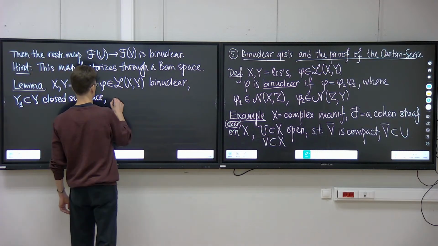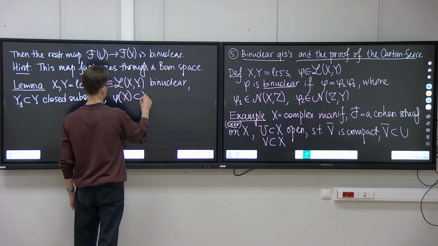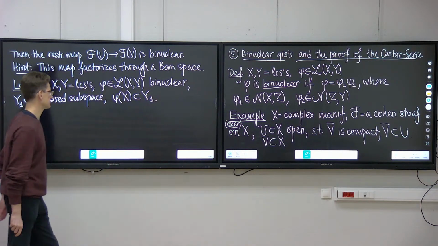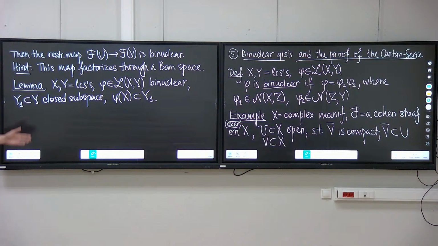We can now consider phi as a map from X to Y1, and I claim that this resulting map will be nuclear.